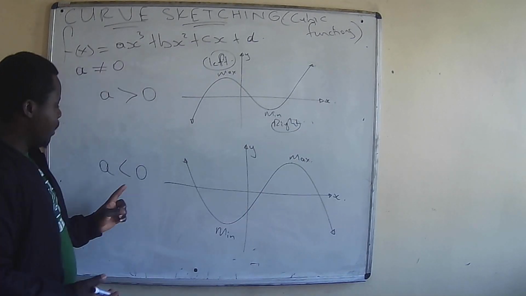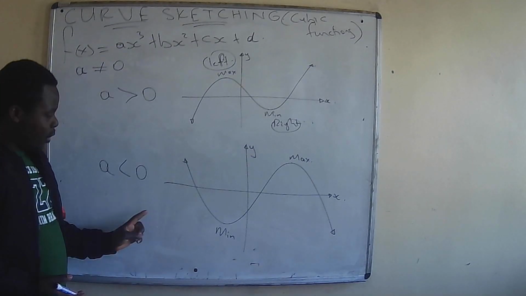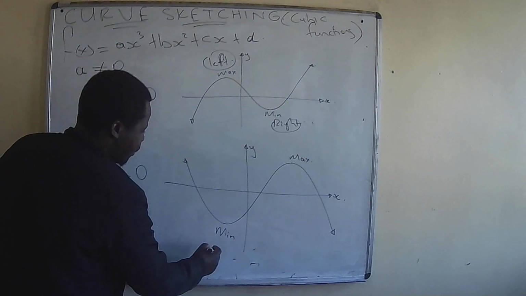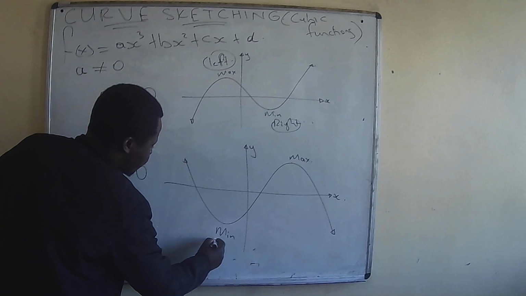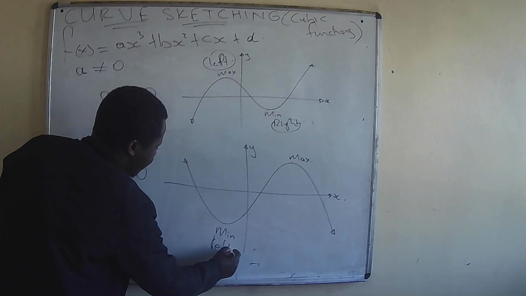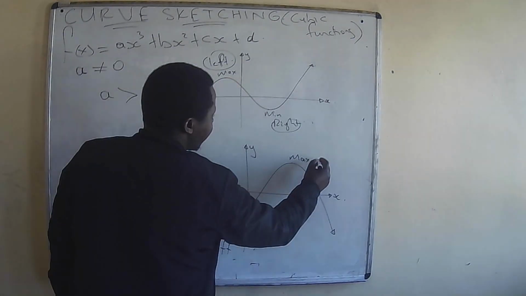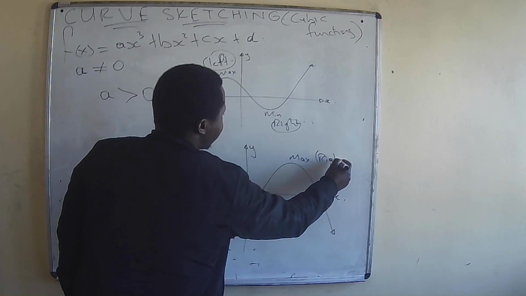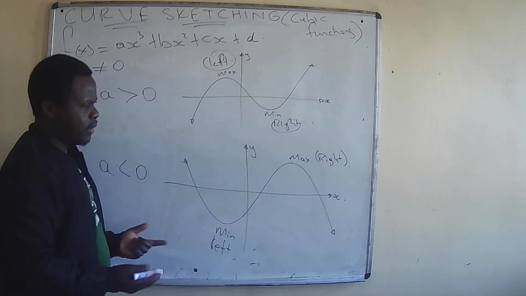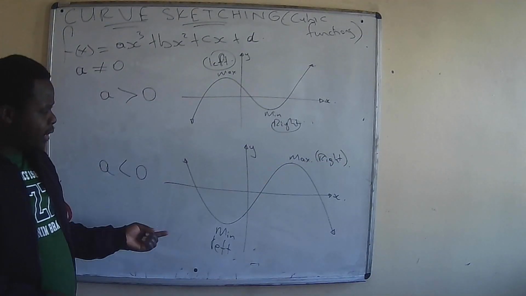If a is less than 0, we have our local minimum on the left, and then our local maximum on the right. So this is basically what we have.